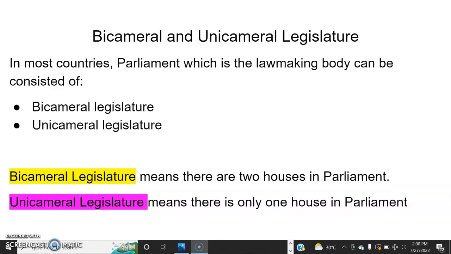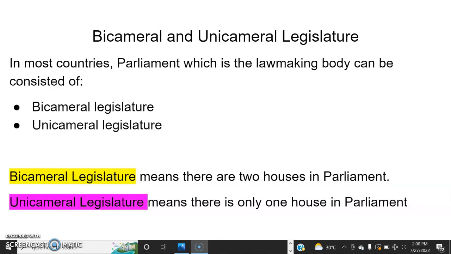Now, when you hear the term bicameral legislature, what comes to your mind? Bi means two, right? So bicameral legislature means there are two houses in parliament. Unicameral legislature means that there is only one house in parliament.